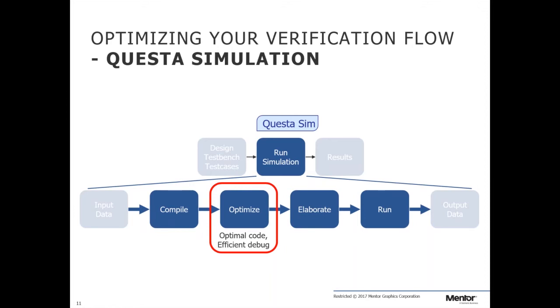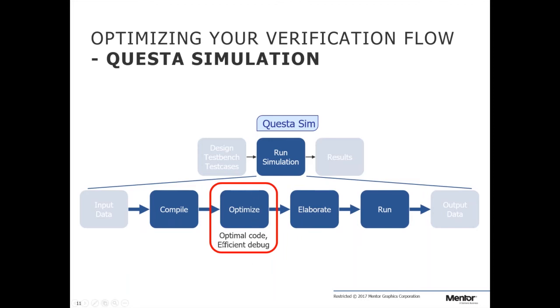All of these things together create a more optimal simulation database. And then once you've done that optimize, you elaborate. That is getting the simulation up and ready to run, and then actually running the simulation.